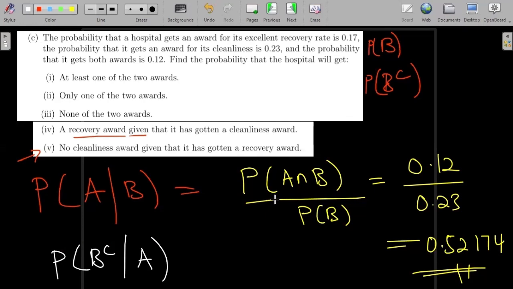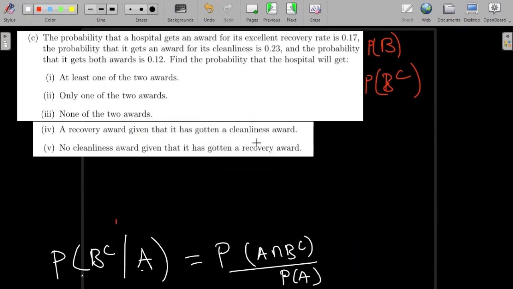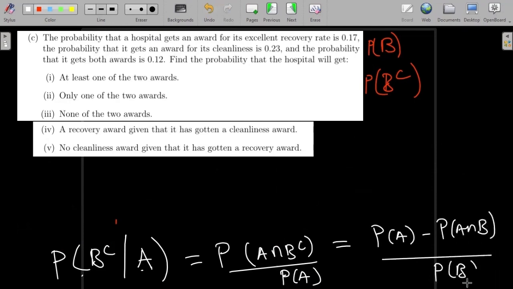We're going to say this is the same as the probability of A intersection B complement, divided by the probability of A. But the probability of A intersection B complement is just the same as the probability of A minus the probability of A intersection B, divided by the probability of A. So this is equal to the probability of A, which is 0.17, minus the probability of A intersection B, which is 0.12, divided by the probability of A.